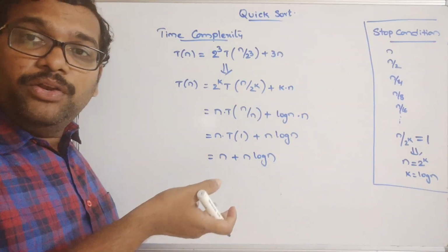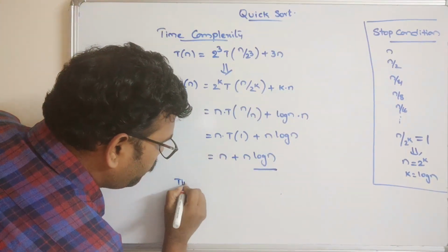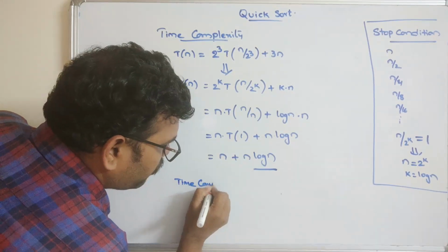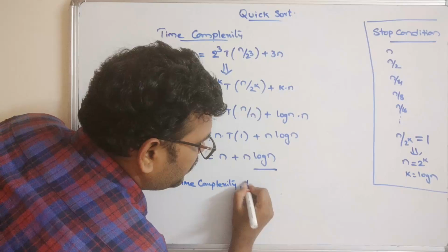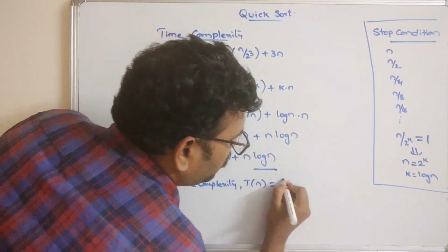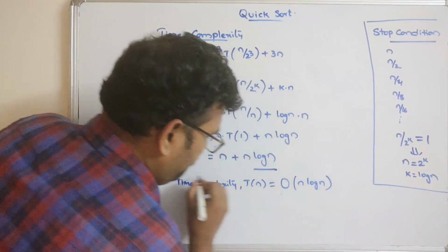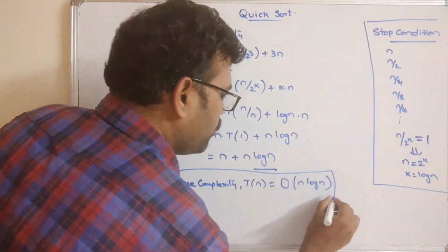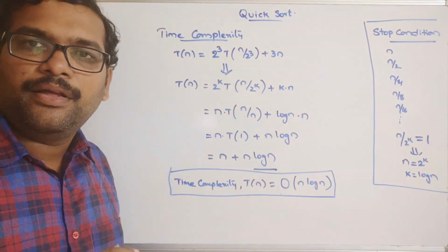In this equation the highest degree term is n log n. So obviously the time complexity of quicksort, T(n), is equal to big O of n log n. So this is the time complexity of the quicksort algorithm, right?